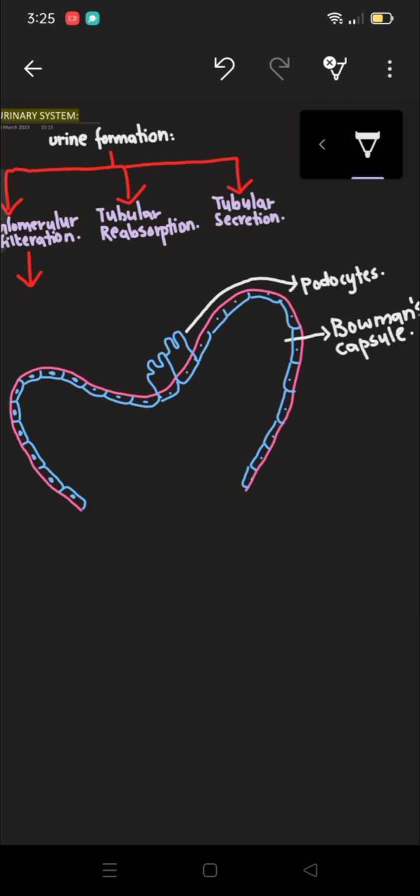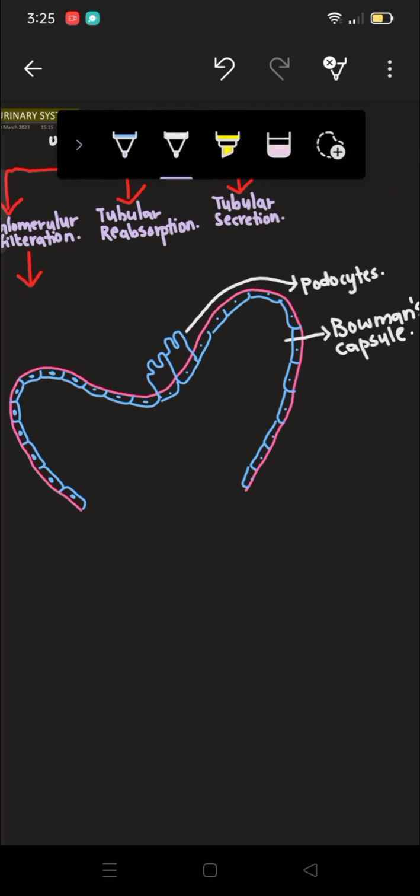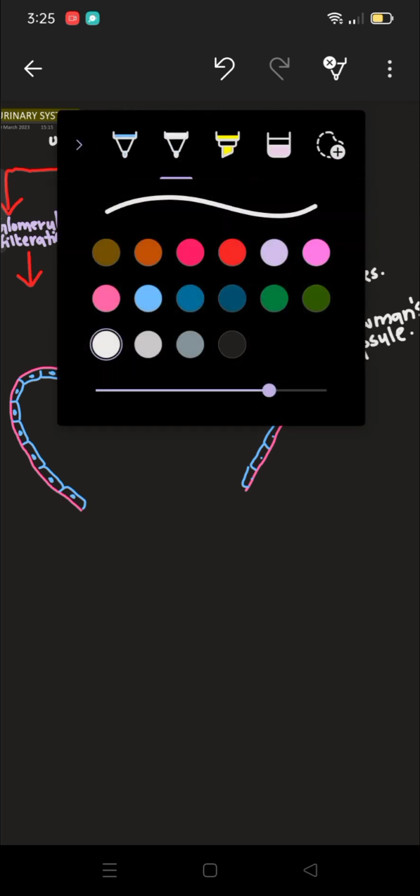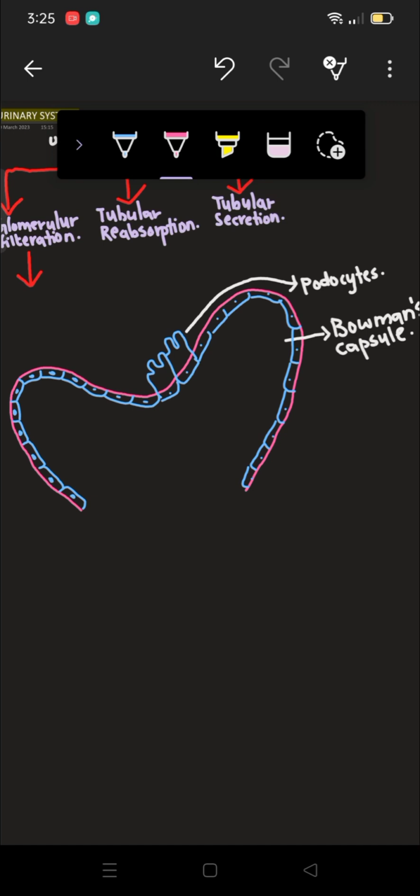I'll not make here glomerulus, but I'll make here only one capillary, because I want to show you people the filtration. So I am making with this color now.